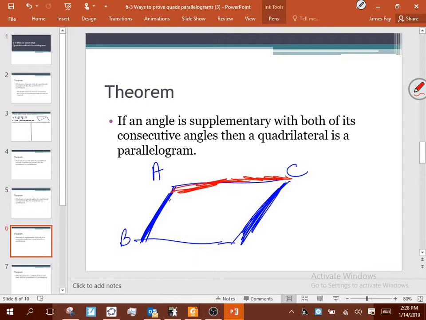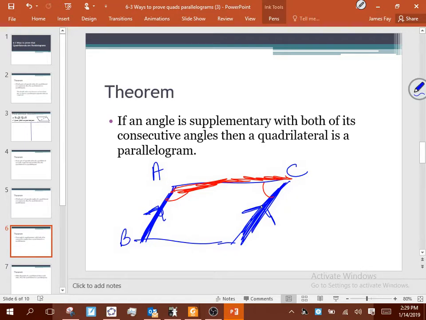Well, if this angle A and this angle C, which are consecutive, correct? Yep. If they're supplementary, what's that tell us about these solid blue lines? They would be parallel, right? So that tells me that right now I've got one pair of opposite sides parallel. So it takes my quadrilateral and by definition makes it a trapezoid now.